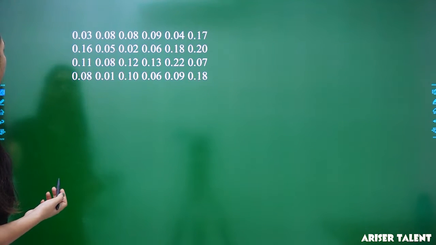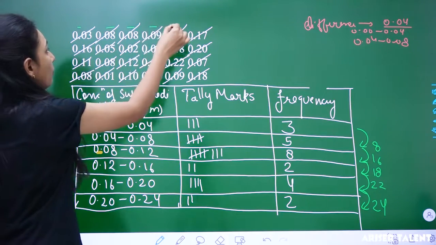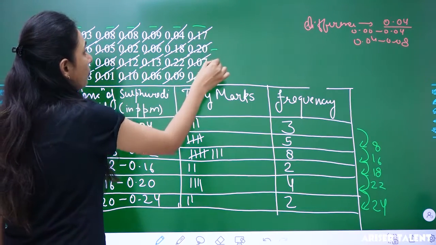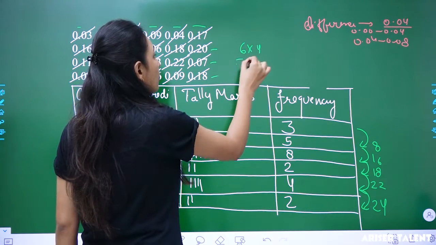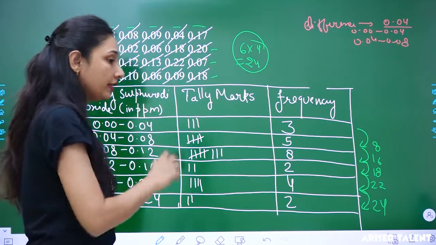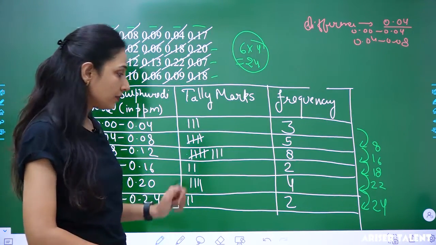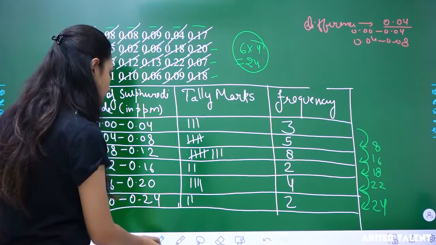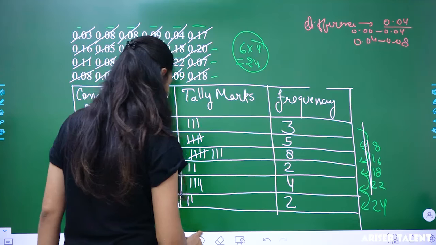It is not given here how much data there is, but we can count: 6 in each of 4 rows, which makes 6 multiplied by 4, 24. So 24 data values are given, and the sum of the frequencies is also 24. So we did it right.